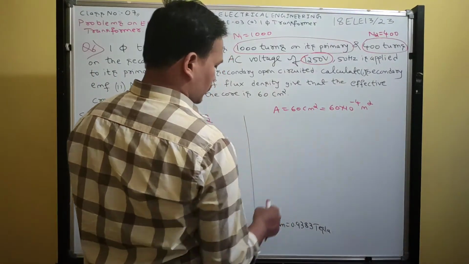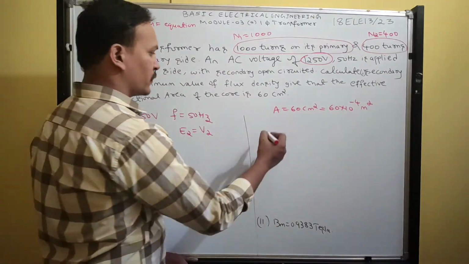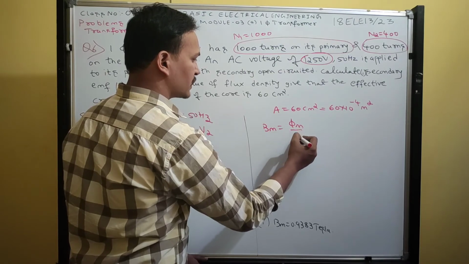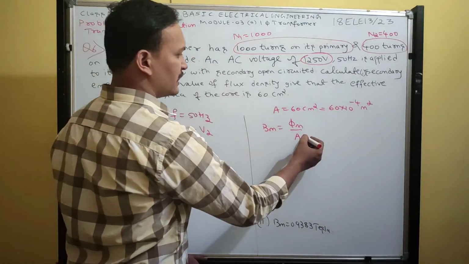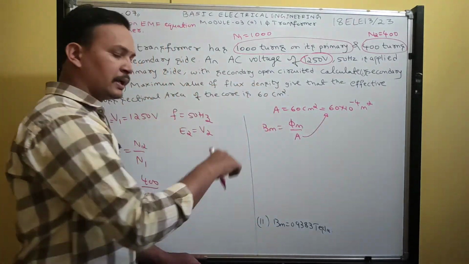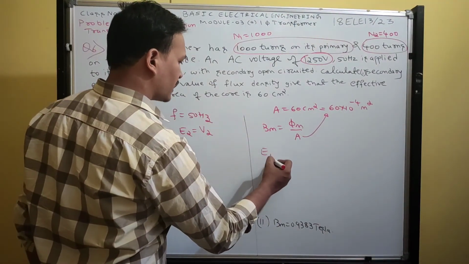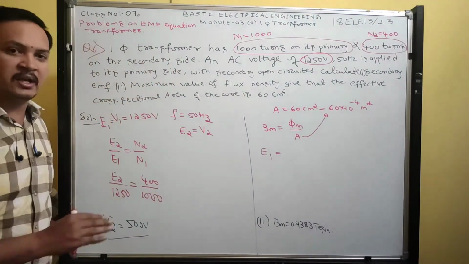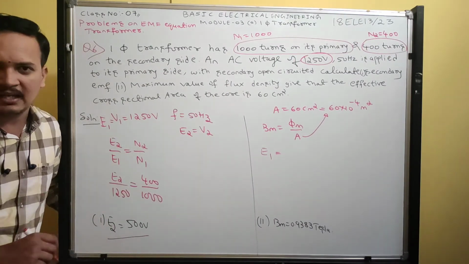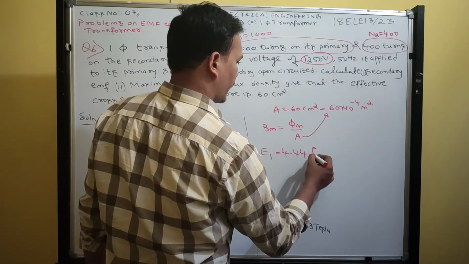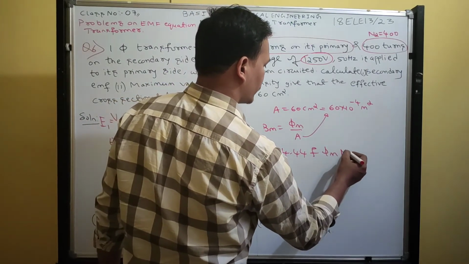Then next, finally I need to find Bm. What is the formula for maximum flux density? Flux passing through each unit area. Area is given here, and now I need to calculate the maximum flux. So maximum flux I can calculate either by primary EMF equation or secondary EMF equation. Let me take primary: E1 = 4.44 f Phi_m N1.